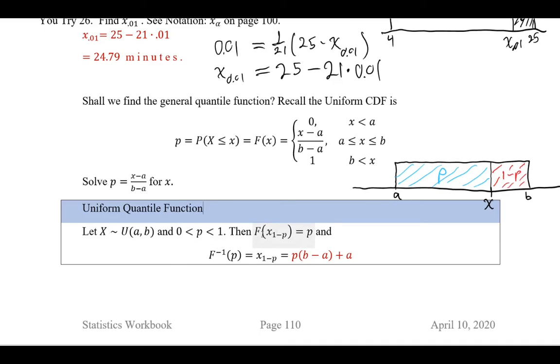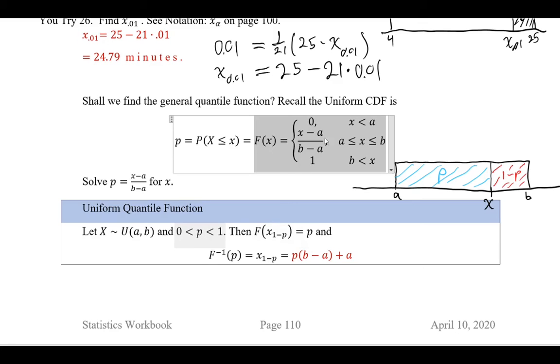Now, this function, the CDF, gives us, we can now find the general quantile function. So recall that the CDF for the uniform distribution is this.